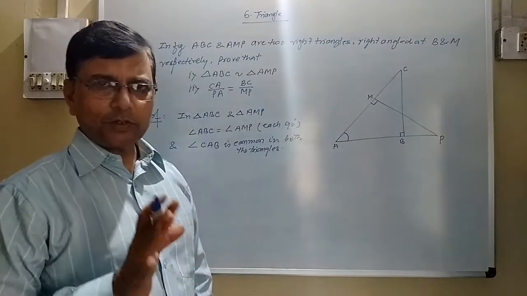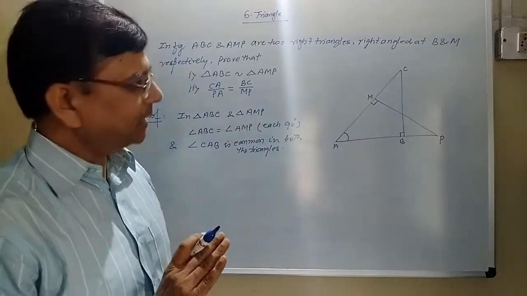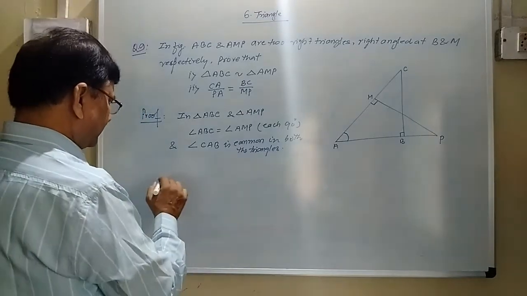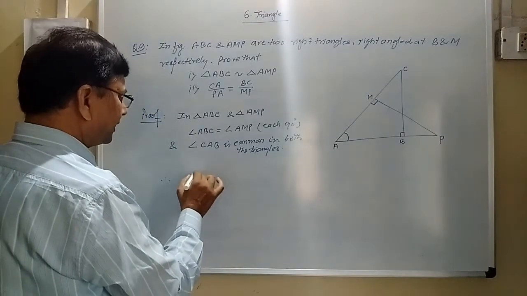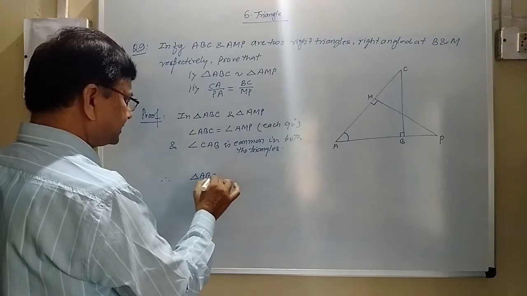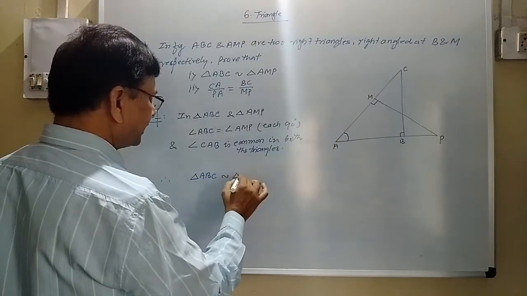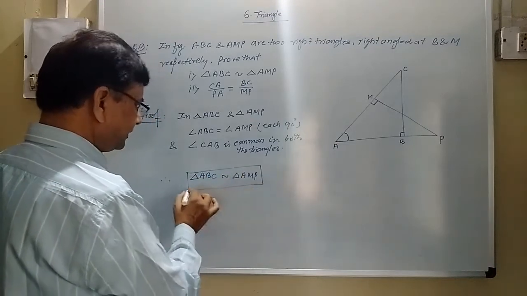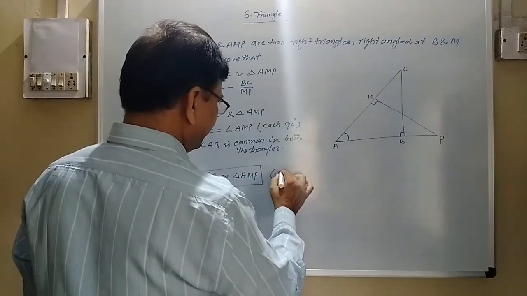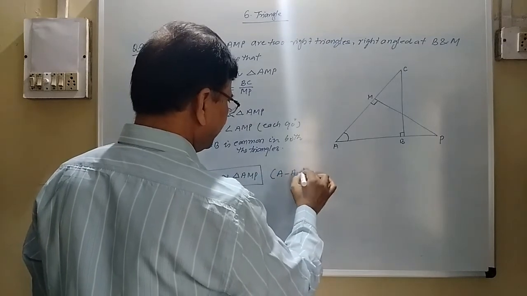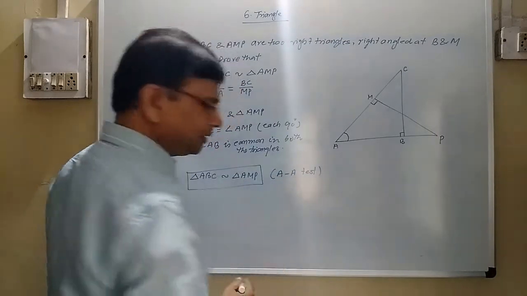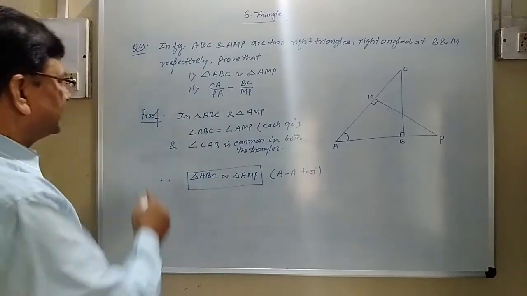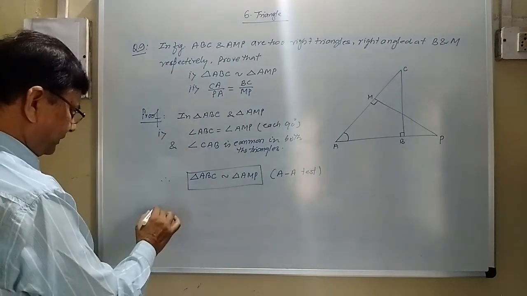It means two angles of these two triangles are equal. Therefore, we can say triangle ABC is similar to triangle AMP, by the AA test or criterion. So, similarity of these two is proved. This is the first part.